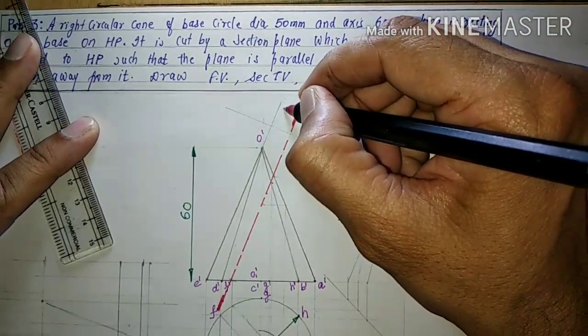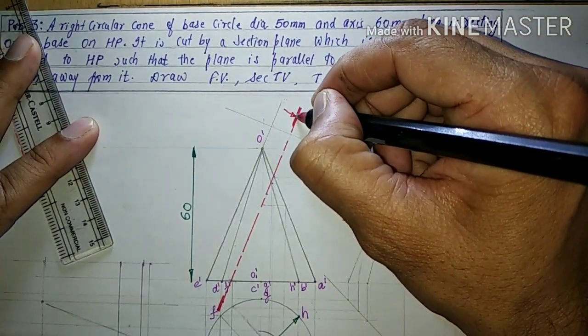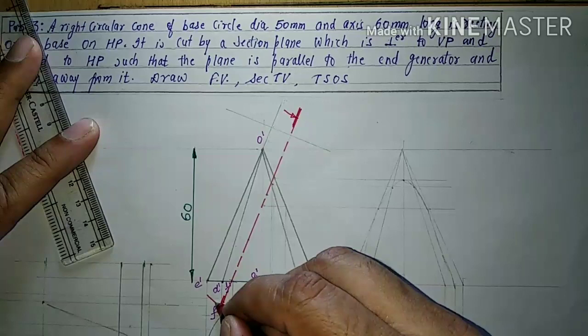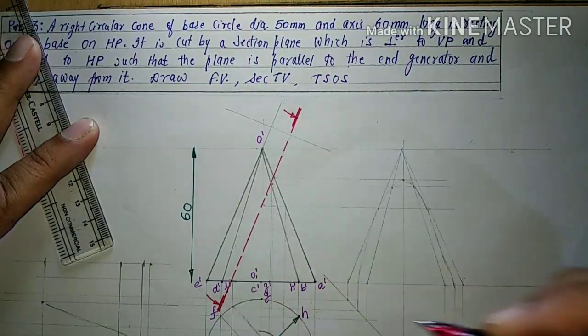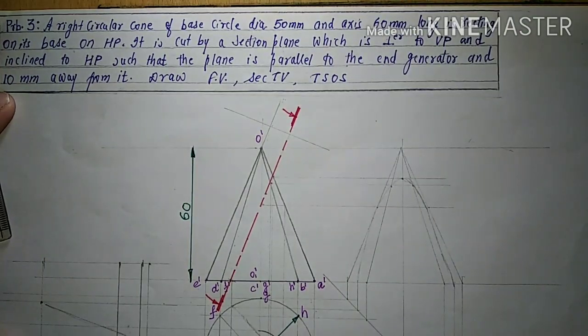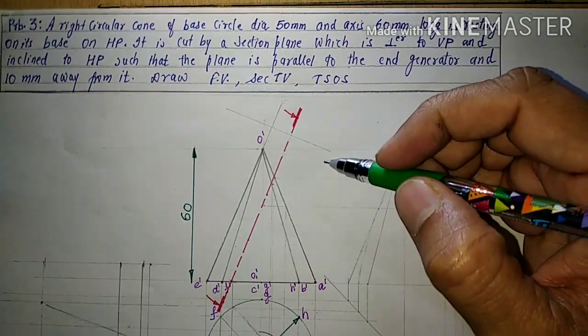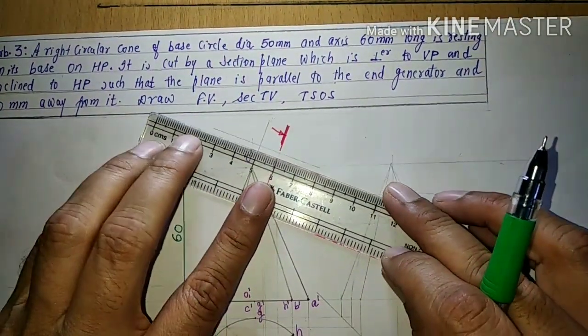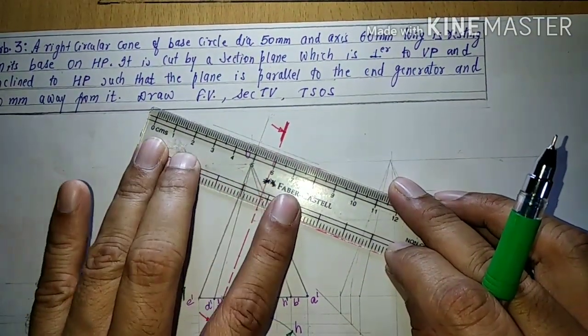Half of the end dash are thick, on which we show the arrow, that is the direction of the observer. It is 10 mm away, so here also we will mention the dimension, 10 mm away.